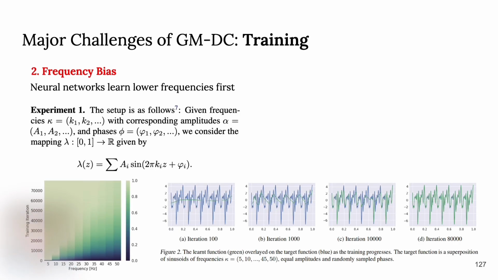And the plot on the left side shows that in the beginning of training, the model has learned the lower frequencies, but the magnitude of the generated higher frequencies is around zero. As training goes on, the model starts to learn more and more higher frequencies.